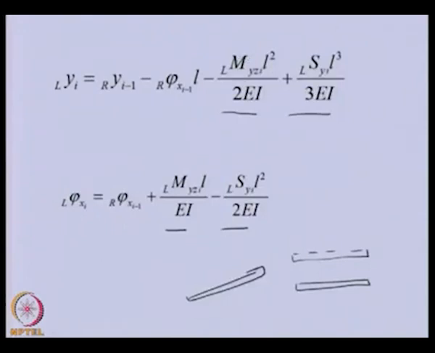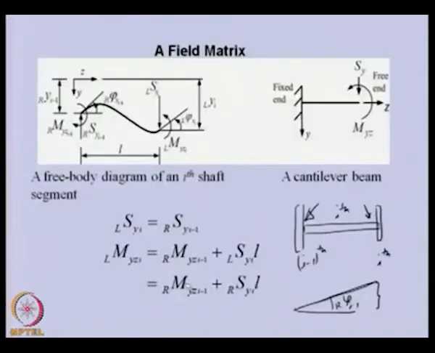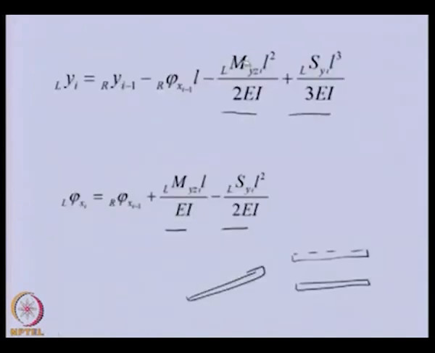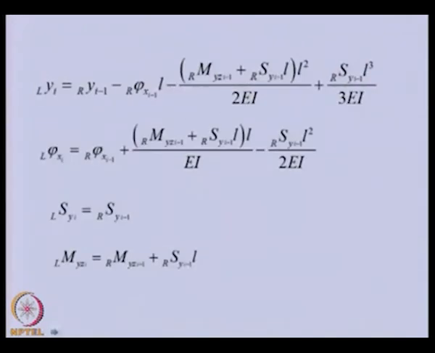Now I am replacing it with this moment, because we already have these relations. I am just substituting this expression here, so that all the terms on this side are toward the right of I minus 1 disk terms. Similarly, in the angular displacement case, we replace this term, and these are the two relations which we obtain. For the shear force and bending moment, there is no change in this.